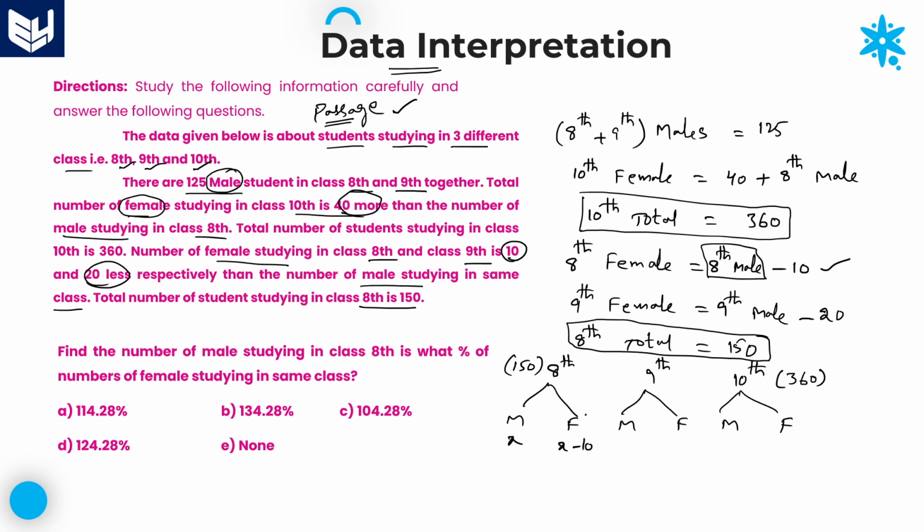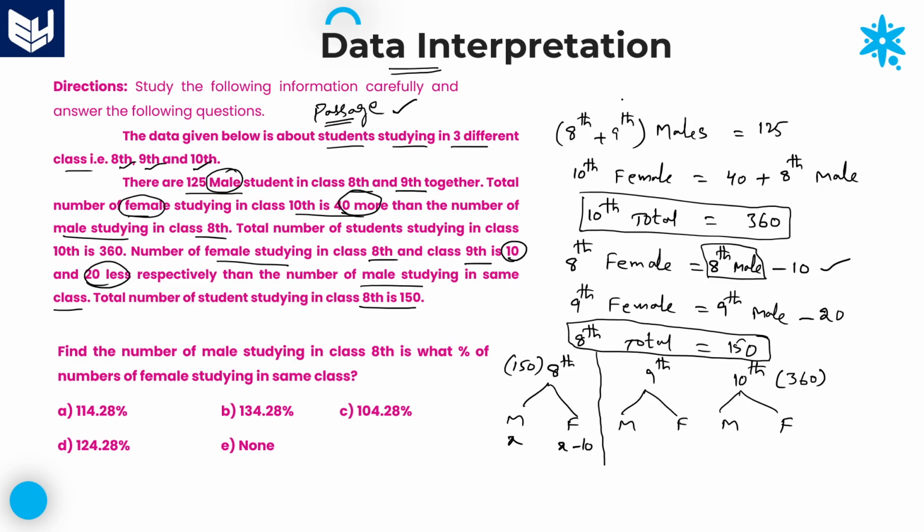X minus 10. This is about class 8. And next, 9th class female candidates, 9th class male candidates you don't know, right? And 8th class males and 9th class males together is 125, right? So as we all know, 8th class males are x.